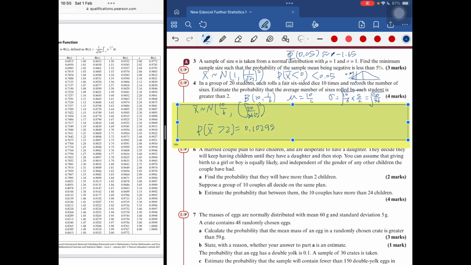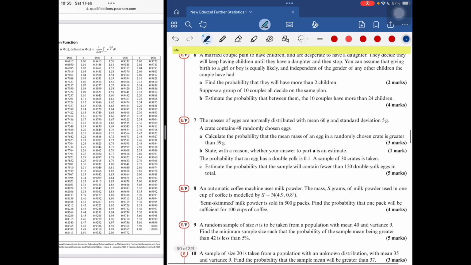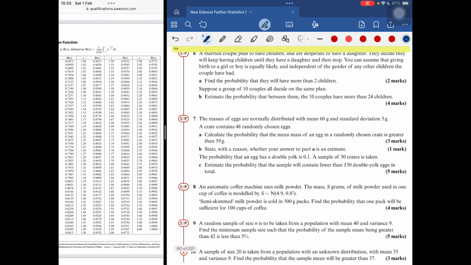Number 6. A married couple plan to have children and are desperate to have a daughter. They decide they will keep having children until they have a daughter. So this is a geometric distribution. Now we will find the probability that they will have more than 2 children.